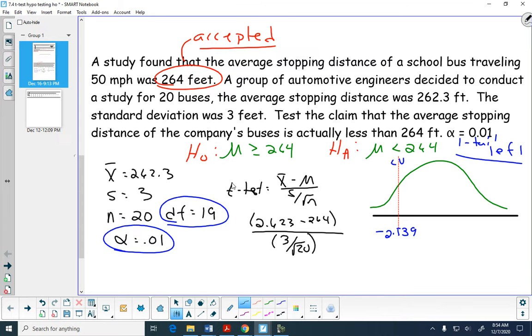I'm sorry, that should be 262.3. Sorry about that. 262.3 minus 264, divided by 3 over the square root of 20.